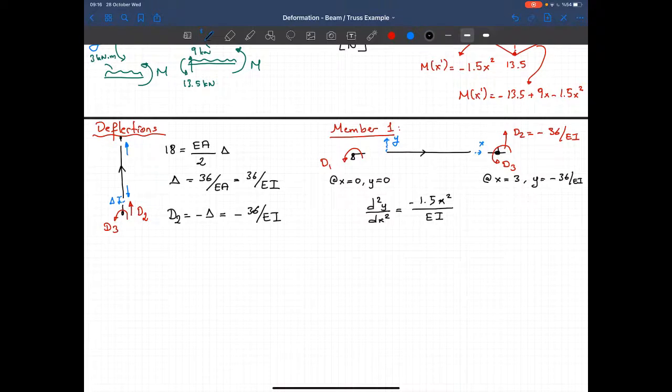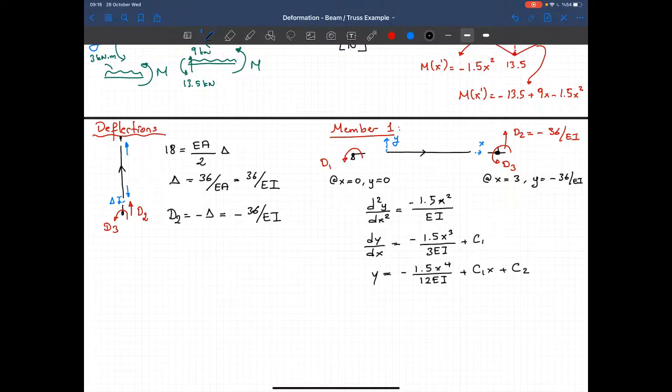If I integrate that once, I obtain the equation for the slopes. dy over dx is equal to minus 1.5 x cubed divided by 3EI plus c1. Integrate this equation one more time. I obtain y as equal to minus 1.5 x to the power 4 divided by 12EI plus c1x plus c2.